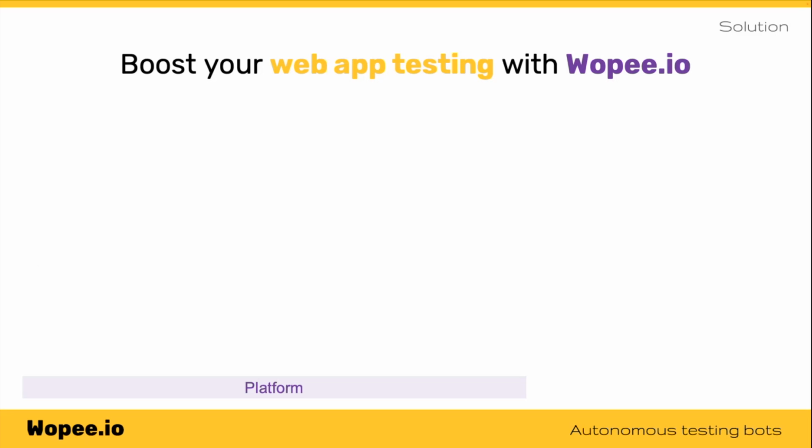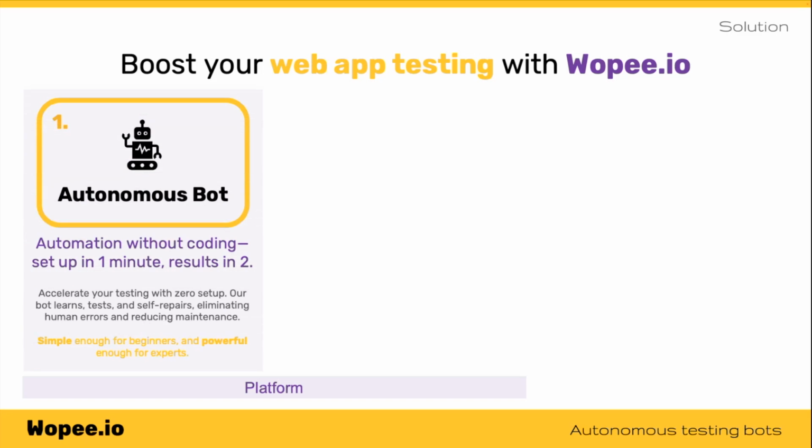First, we believe that these small ideas around testing and how we could boost test automation and testing itself are built into our platform. And this platform consists of a couple of components, but just to make it simple, we are building autonomous testing bots.